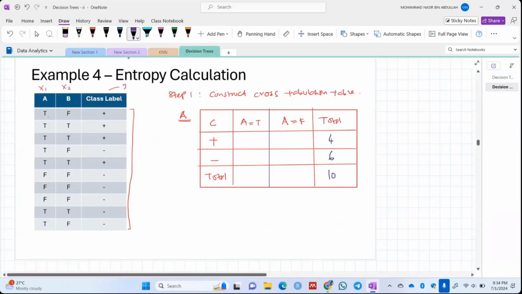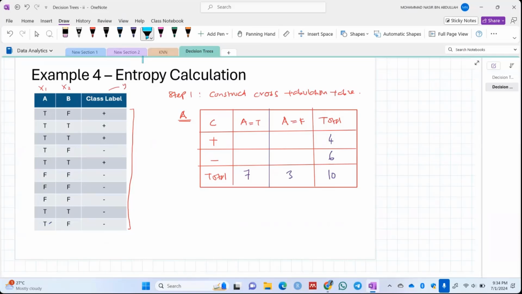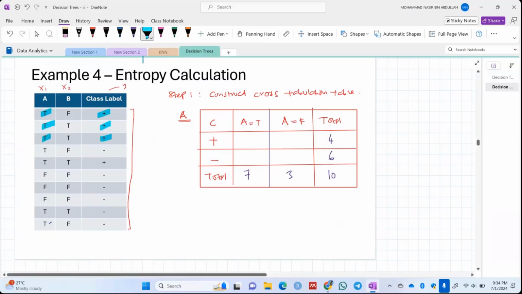Now remember we are looking into A. So when A equal to true, how many? 1, 2, 3, 4, 5, 6, 7. So we have 7 A equal to true and 3 A equal to false. Next, we need to count how many A equal to true and class positive. 1, 2, 3, 4. We have 4 A equal to true and class positive.